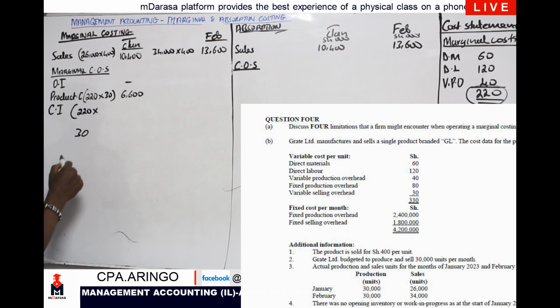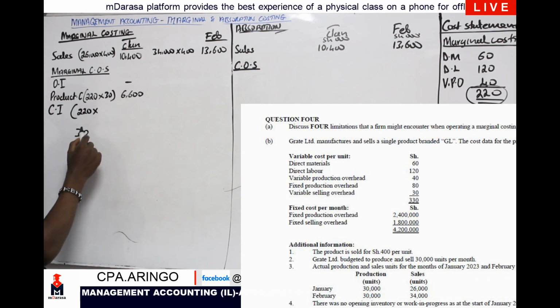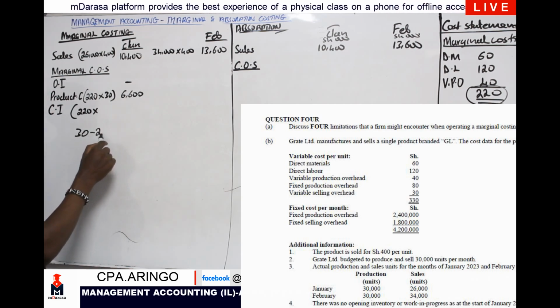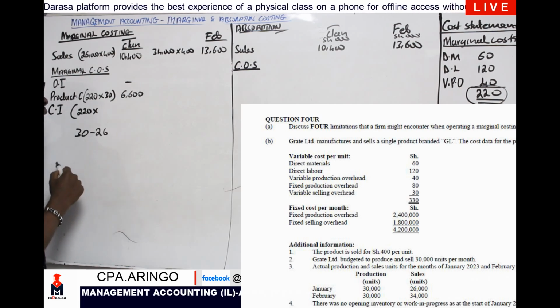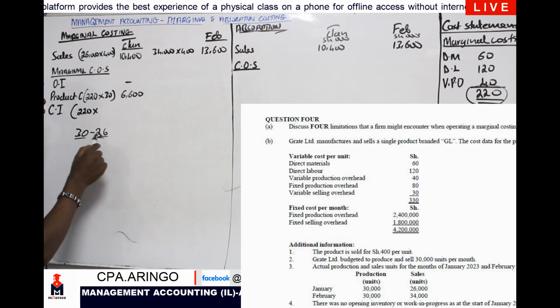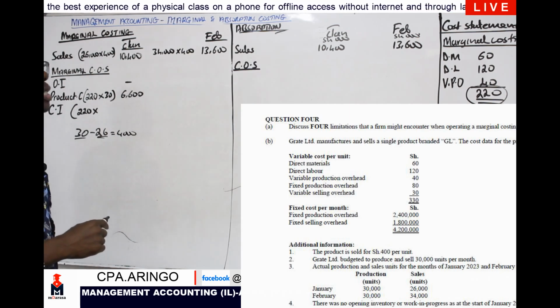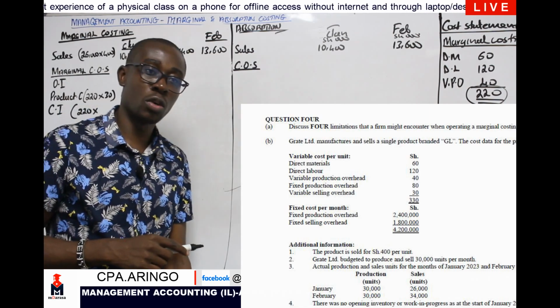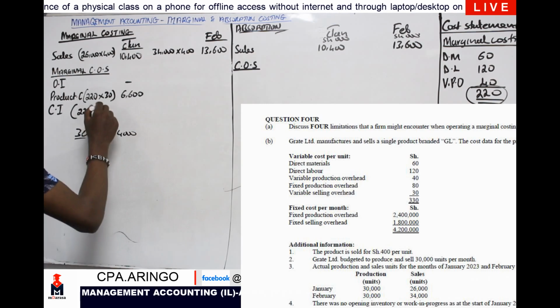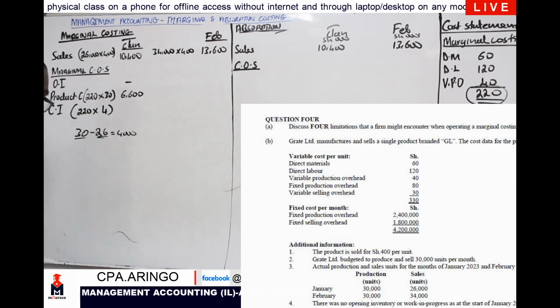We produced 30,000. How many did we sell? We sold 26,000. So we have 4,000 units still in stock by the time we are clearing January. That will be our closing inventory, 4,000.